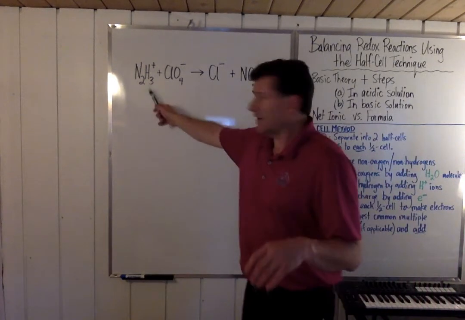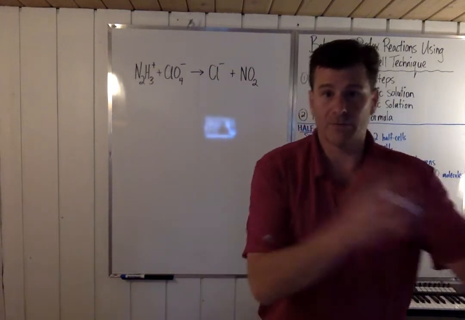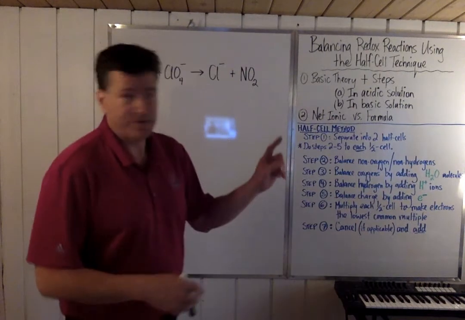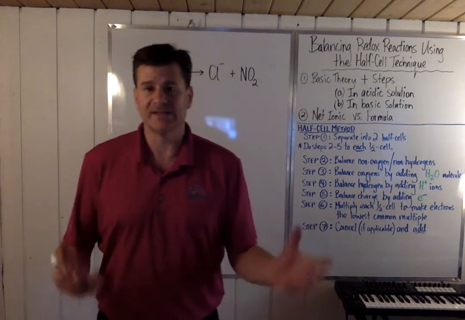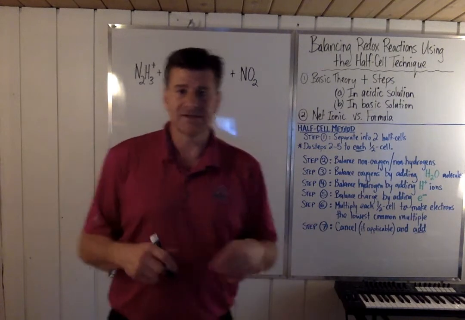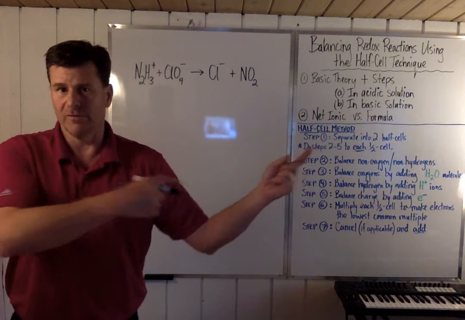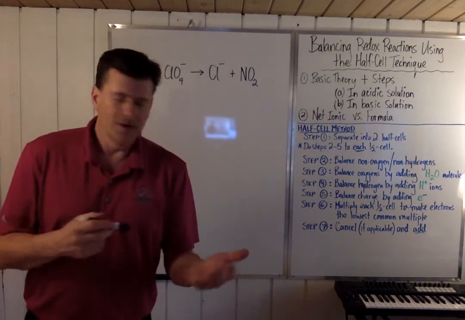So I've got this thing here. These two reactants, they are reacting to form Cl- and NO2. Now, step number one over here says, separate into two half cells. Now, what that means is each one of the reactants over here, they have a partner over on the other side, and you can usually follow specific atoms.